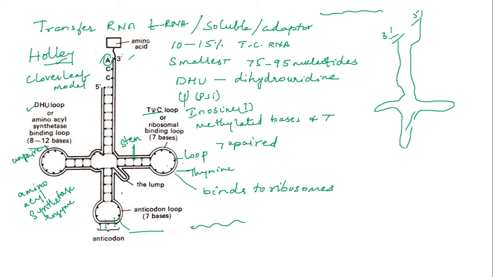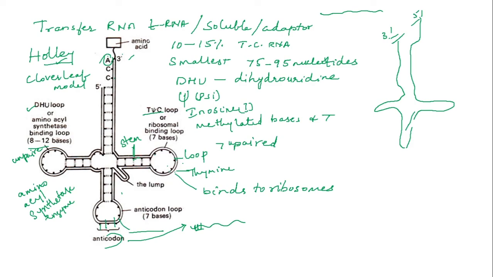On the mRNA, there is a triplet codon. This codon cannot be understood by anybody. Only this anticodon can decode this codon. So, when the tRNA comes to mRNA, this anticodon will understand this codon by this anticodon site.